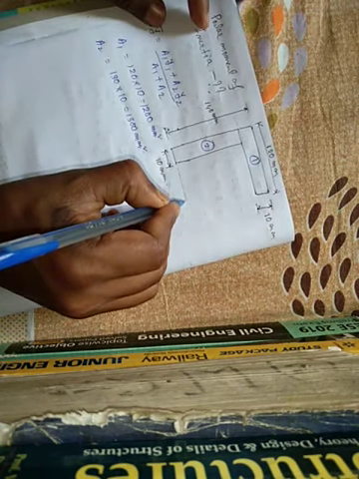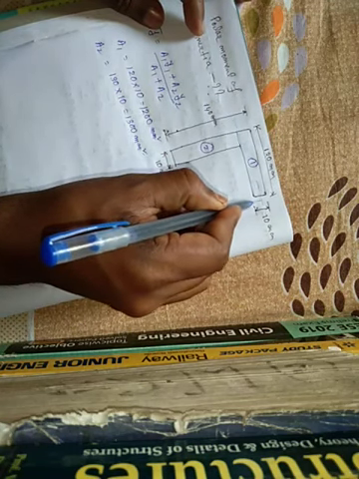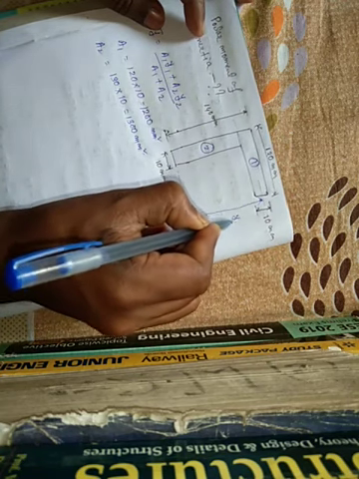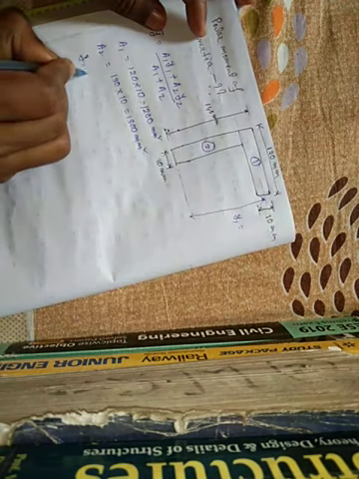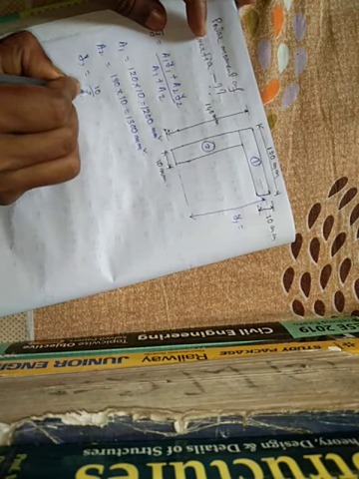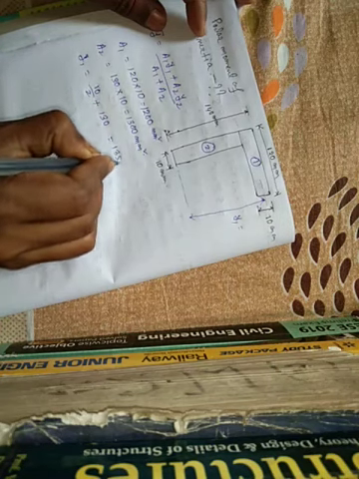So CG about y-axis from the base of section 1 is y1, which is equals to 10 divided by 2 plus 130 is equals to 135 millimeter.